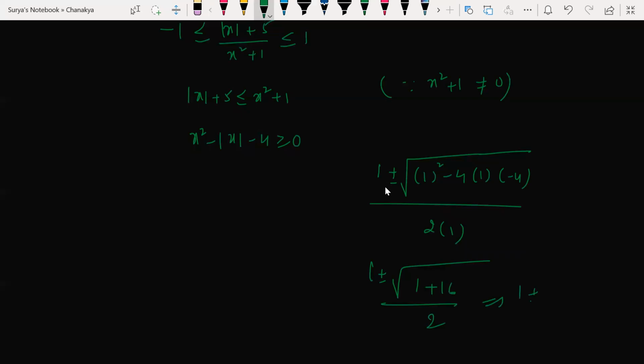So 1 plus or minus root 17 by 2. So what do you get here now? Your roots are going to be what? Modulus of x belongs to 1 plus or minus root 17 by 2, right?